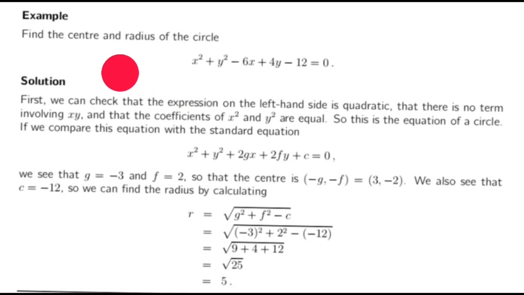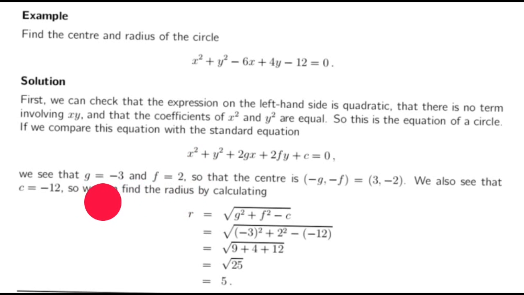Find the center and radius of the circle x square plus y square minus 6x plus 4y minus 12 equal to 0. Now, comparing with the general equation of the circle x square plus y square plus 2gx plus 2fy plus c equal to 0, we get 2g equal to minus 6 and 2f equal to 4.